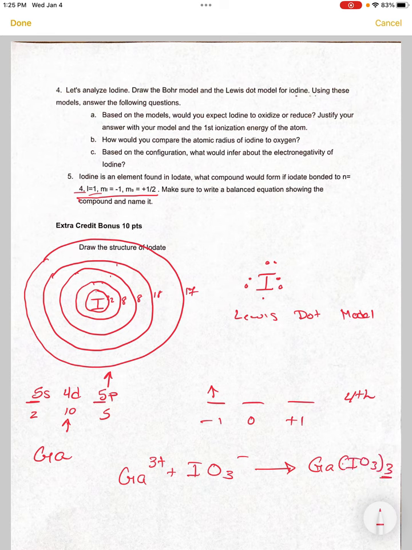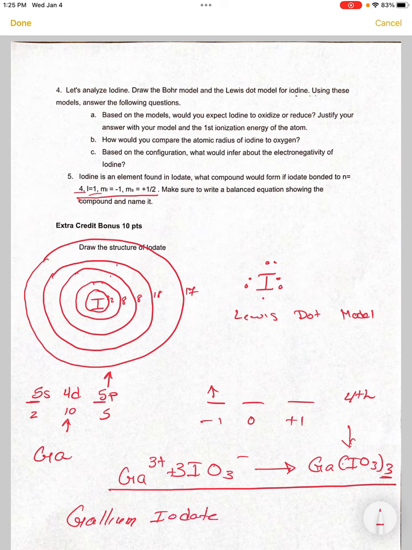There are 3 iodates here, so to balance this equation, I need that. This is what you needed to get the other 2 points: a balanced equation showing the reaction and the final chemical compound. What do you call this compound? It's an ionic compound, so it would be called gallium iodate. If you got this last part, you got full credit for this question.